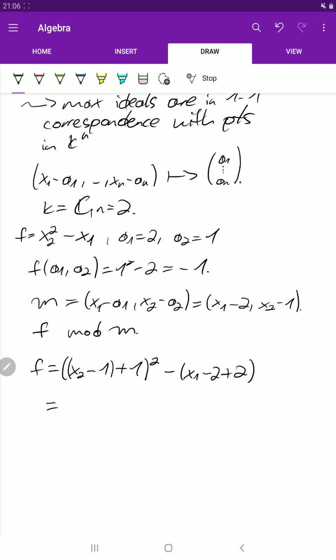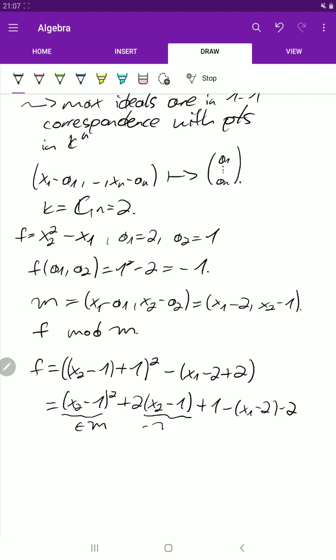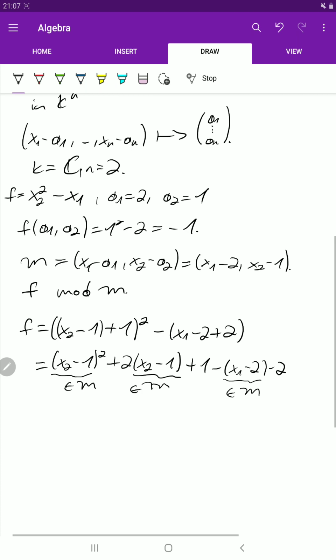So that's (x2 - 1) squared plus 2(x2 - 1) plus 1, and then we have minus (x1 - 2) minus 2. And now this is in M, this is in M, and this is in M. So this tells us that this is 1 minus 2, which is negative 1 mod M.